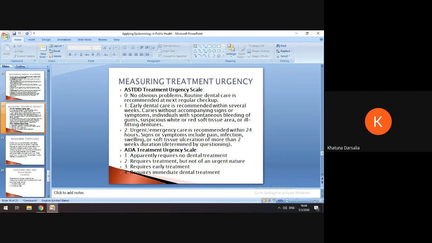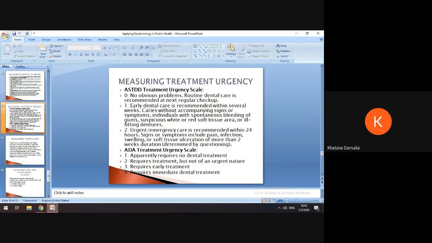And this one is the treatment urgency scale. You can see the ASTDD treatment urgency scale. Are there no obvious problems? Routine dental care is recommended at the next regular checkup. Early dental care is recommended within several weeks, for caries without accompanying signs or symptoms, and individuals with spontaneous bleeding of gums, suspicious white or red soft tissue areas, or ill-fitting dentures.